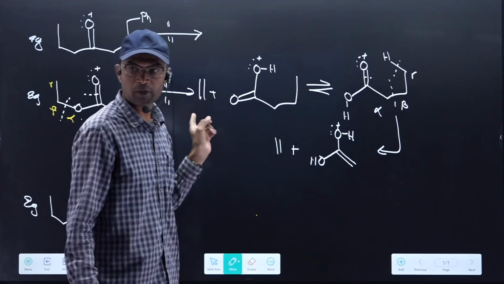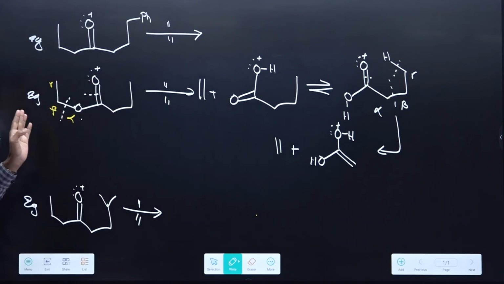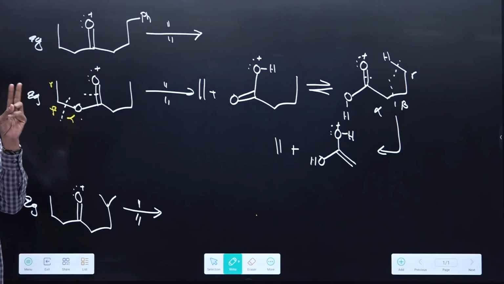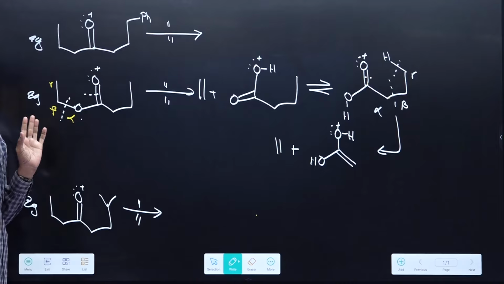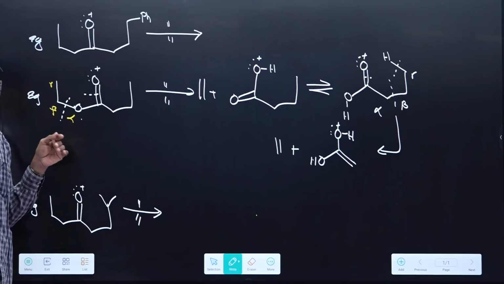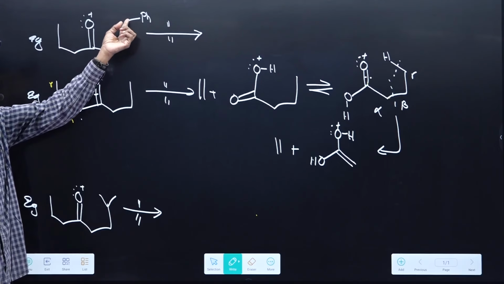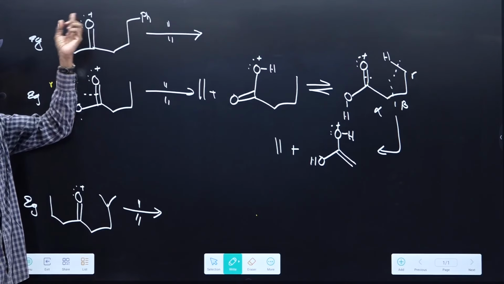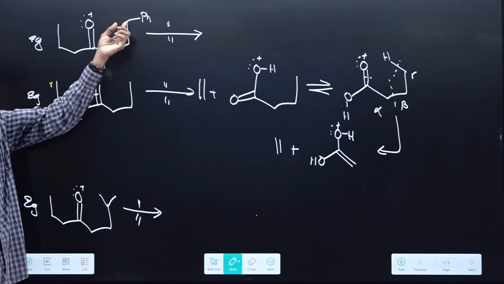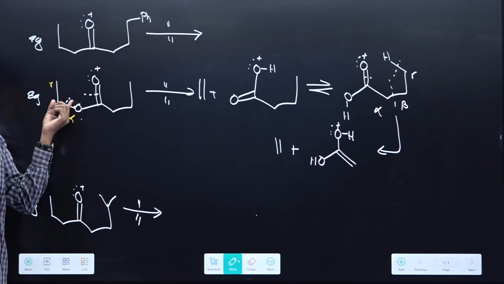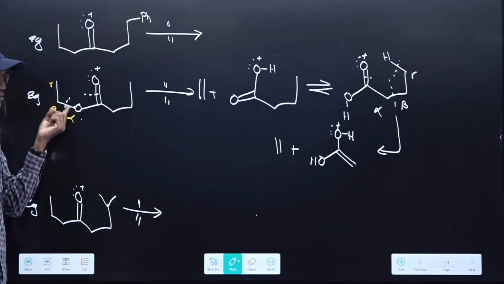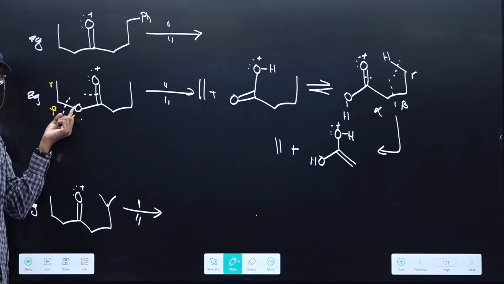Is double McLafferty possible? Yes. If more than one gamma carbon is present, give priority to the gamma carbon which carries more alkyl substitutions. Okay? Suppose one side has a more reactive center and the other side a less reactive center; we need to give priority to the more reactive center. In the case of esters, give priority to the ethereal oxygen side. This is called ethereal oxygen.